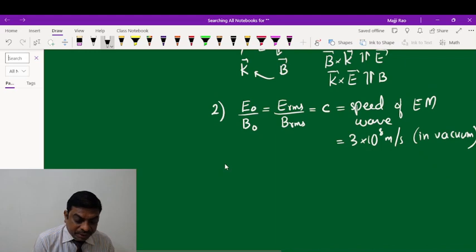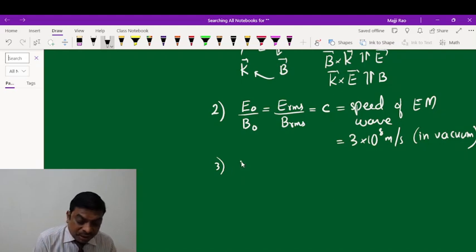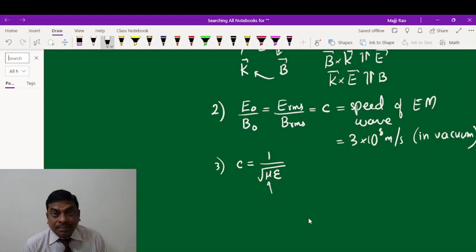Very important point. Also, according to Maxwell's equations, it can be shown that the speed of an electromagnetic wave in a medium is equal to 1 over under root mu epsilon, where mu is the absolute magnetic permeability of the medium, whereas epsilon is the absolute electric permittivity.